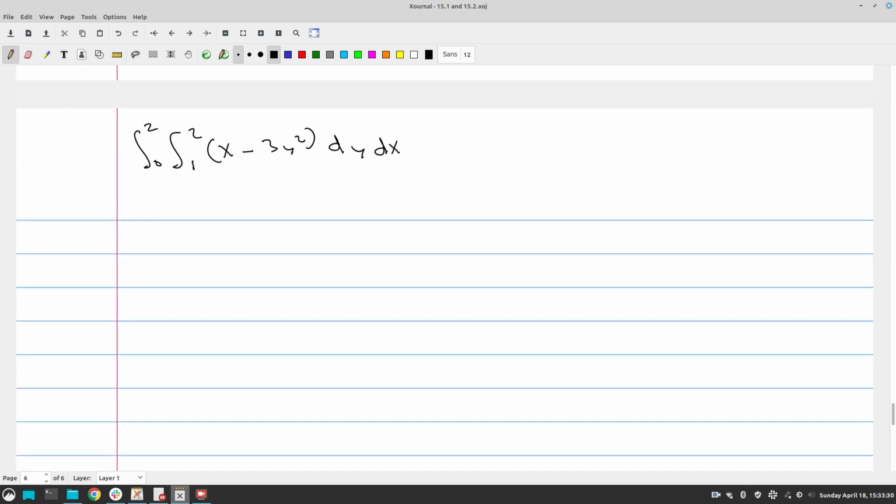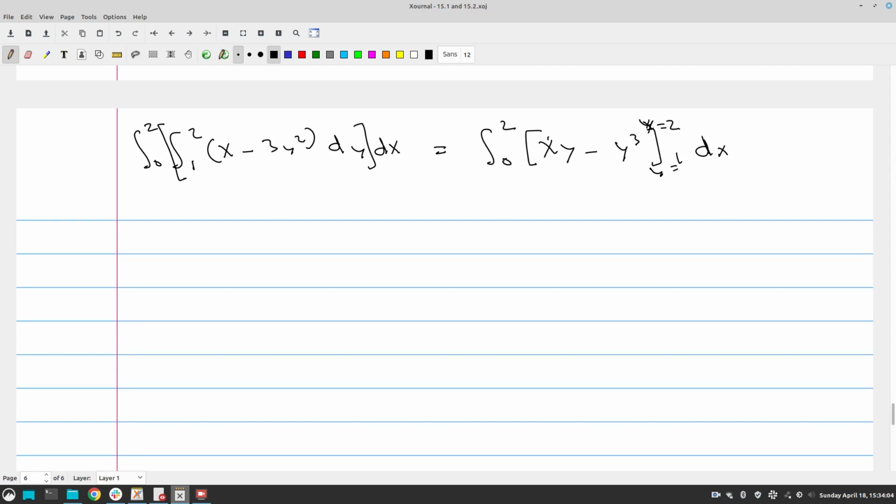Let's see what happens here. You do the y integral first, so you have xy minus 3y cubed over 3, so this is y cubed. And of course you do the integration from 1 to 2, y equals 2 and y equals 1.